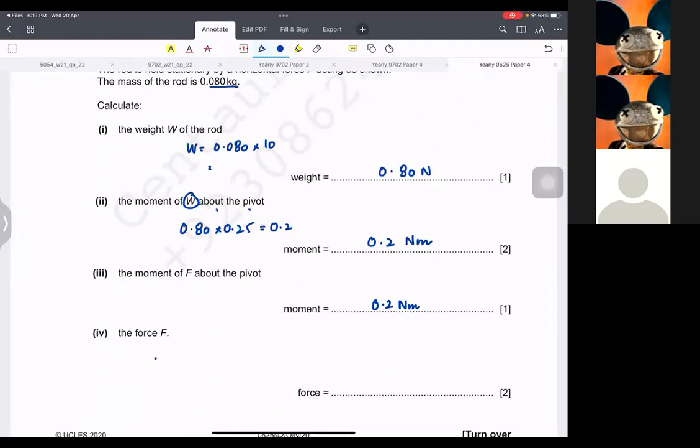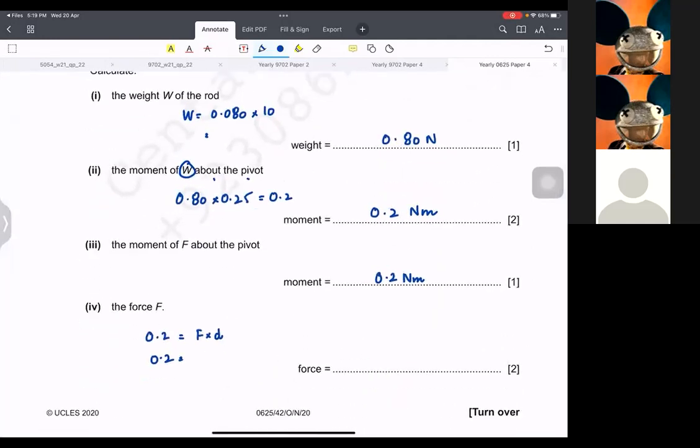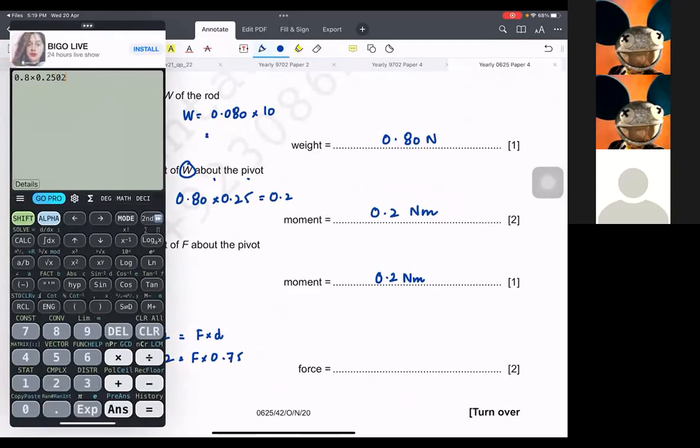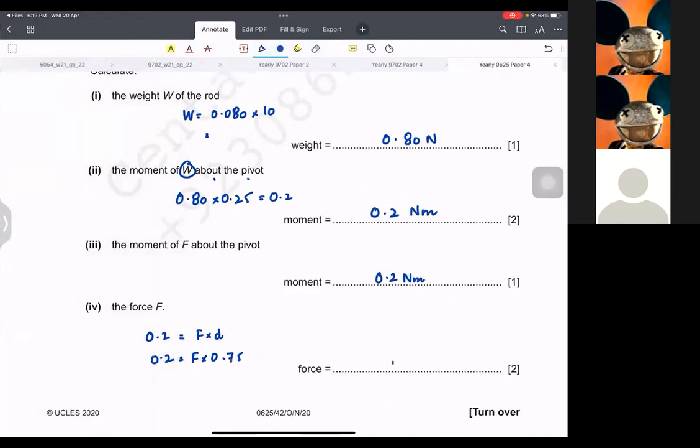Now we want to find the force. So the moment is the same, and the force times the perpendicular distance. This is this, and the perpendicular distance is 0.75. So 0.2 divided by 0.75. So it's 0.27 newtons. Okay, like that.